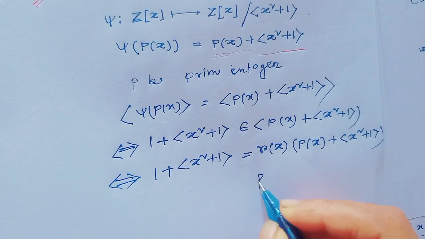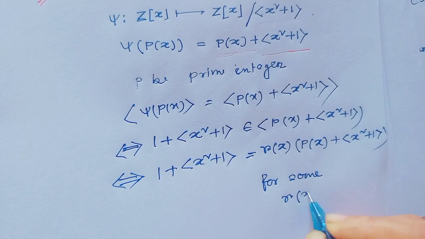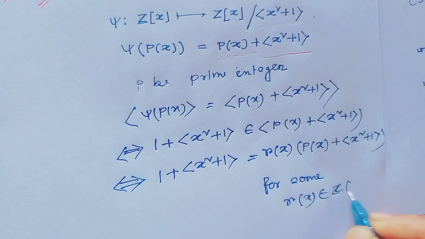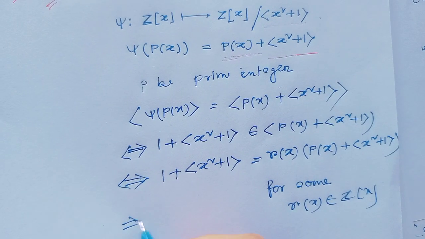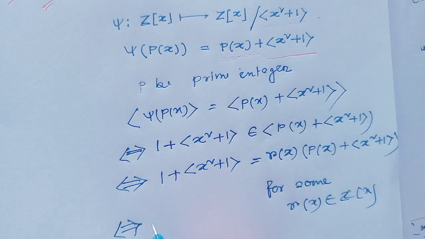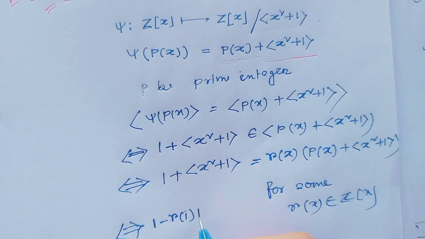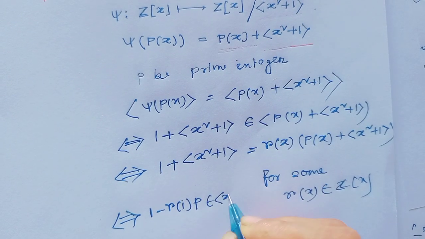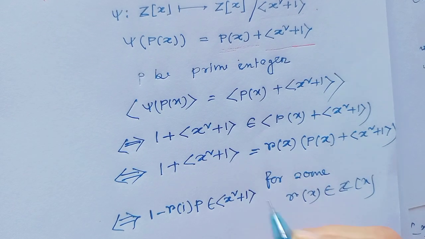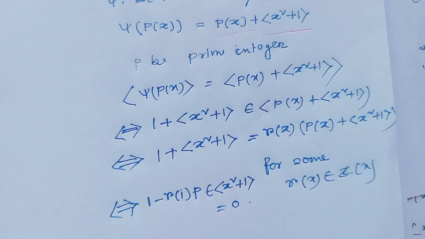This is true for some r(x) belonging to Z[x], and this condition is an if and only if condition. Then that implies 1 minus r(i)p belongs to the ideal generated by x square plus 1.